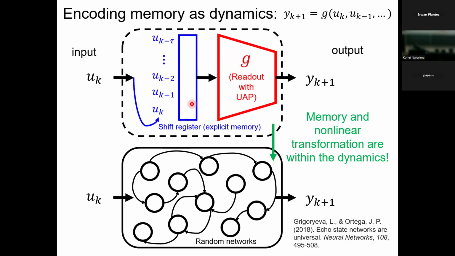But the interesting point of reservoir computing is that we don't need this kind of sophisticated architecture. It is found that if you prepare a random neural network, you can emulate this kind of thing. So we don't need this kind of module inside your network. This is interesting, and to guarantee this property, you need to have the echo state property.